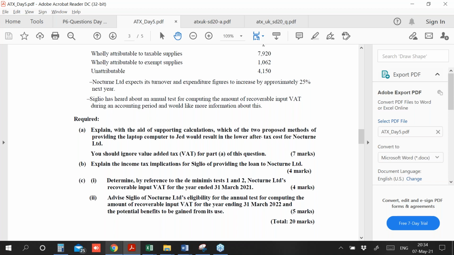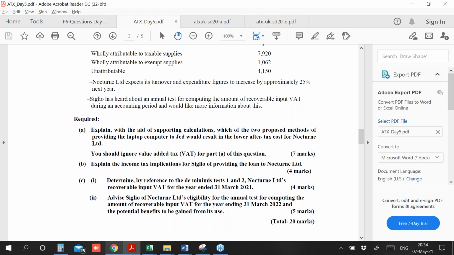So there's one character called Jed to whom the company is giving a laptop, and there are two ways. And now there's an individual, Siglo, who's providing the loan to the company. In C, determine, by reference to the de minimis tests 1 and 2, Nocturne Limited's recoverable input VAT for the year ended 31st March 2021.